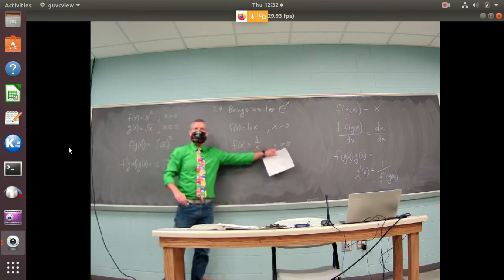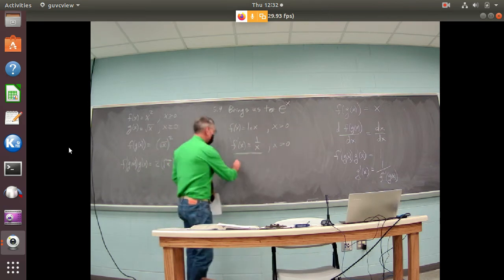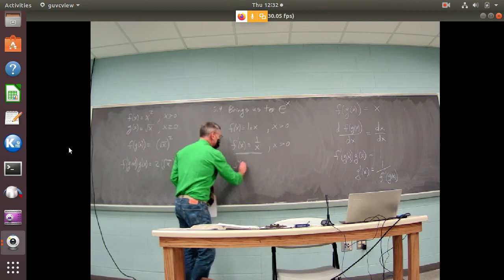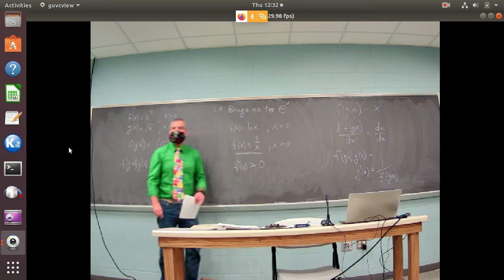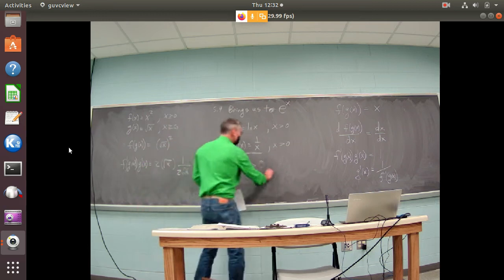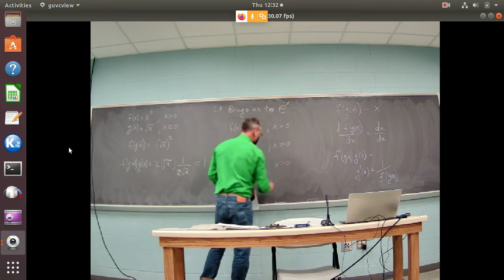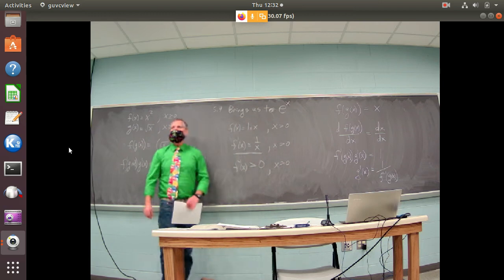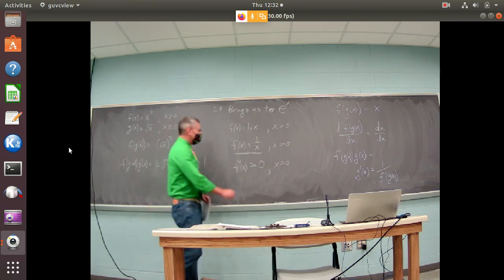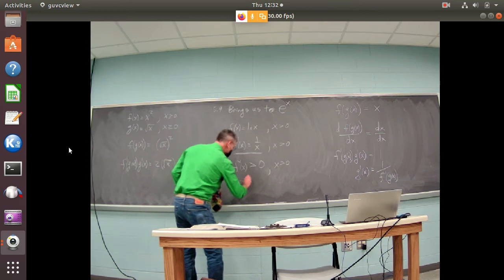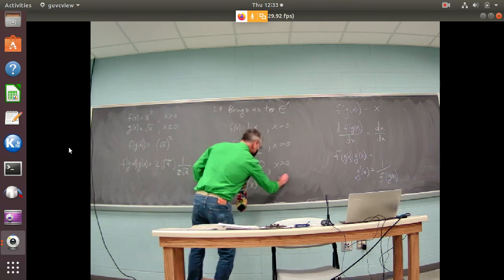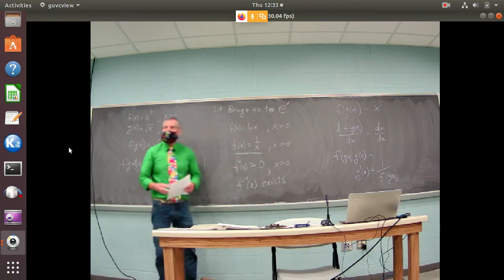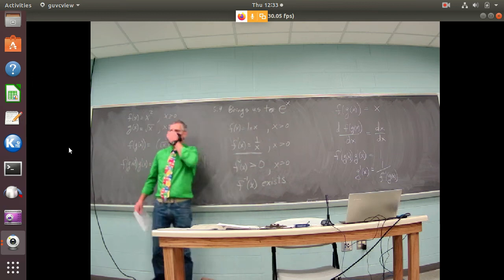Since x is always positive, f prime of x is strictly greater than 0 for its whole domain, for x greater than 0. F inverse exists. So the natural logarithm function has an inverse.